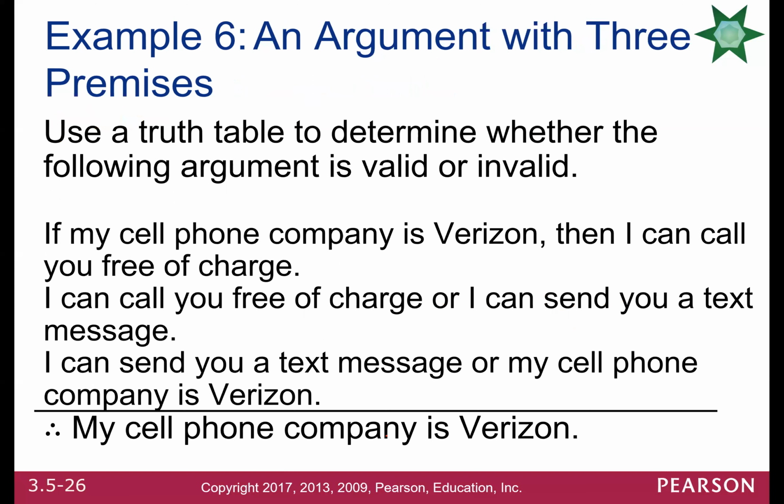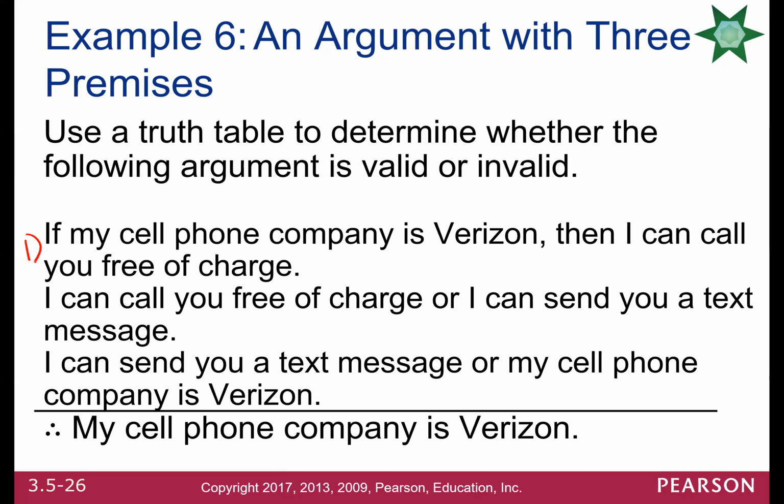Okay, how about this one? If my cell phone company is Verizon, then I can call you free of charge. That's premise one. Oh my goodness, I got three premises here.